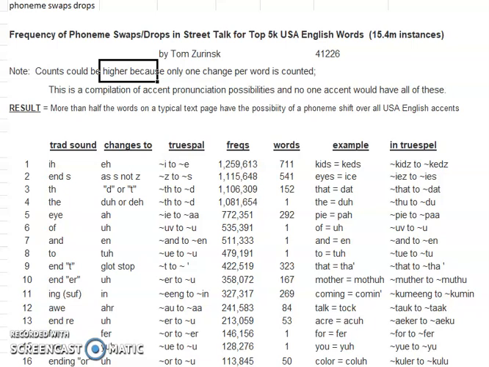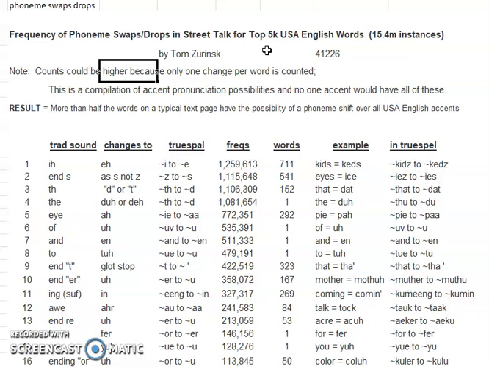Hello. For those interested in USA accent in typical speech, as opposed to how words are pronounced in dictionaries, even talking dictionaries, I came up with a list of changes, phoneme swaps and drops in street talk.